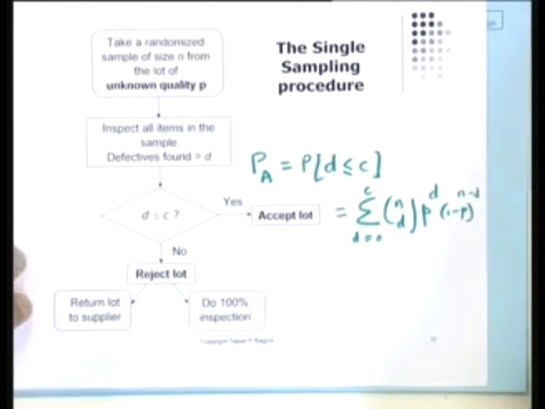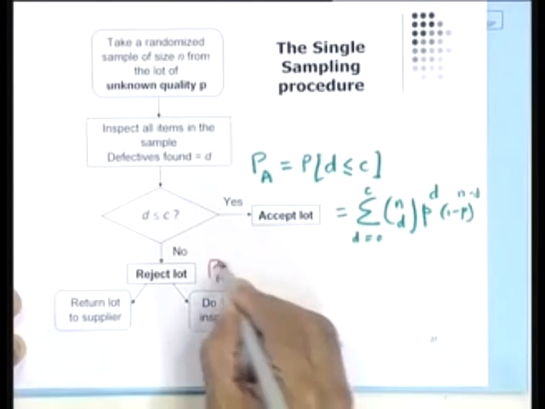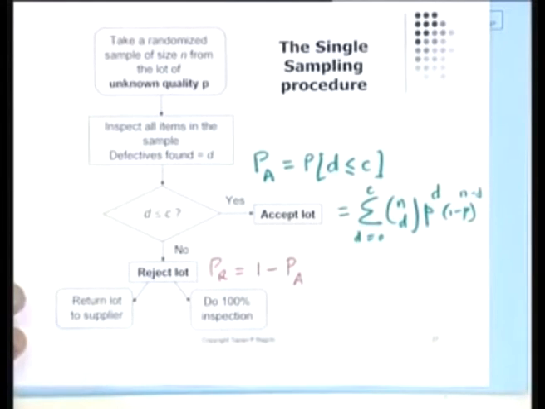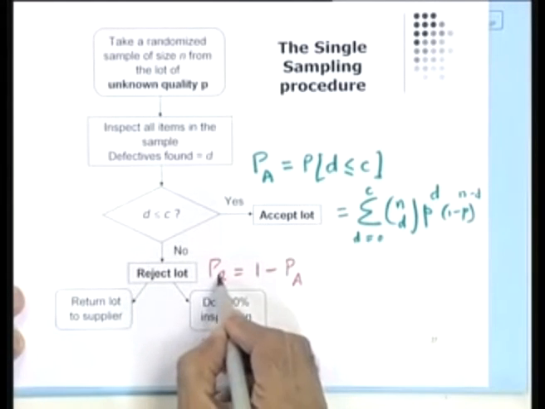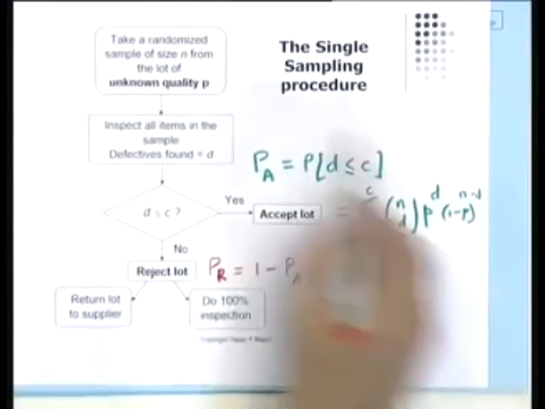What is the probability of rejection? The probability of rejection, PR, is then going to be 1 minus PA. This is the probability of rejecting the lot.